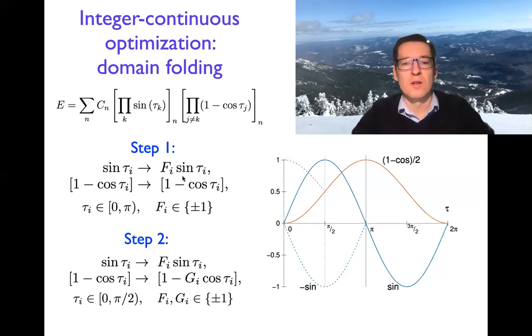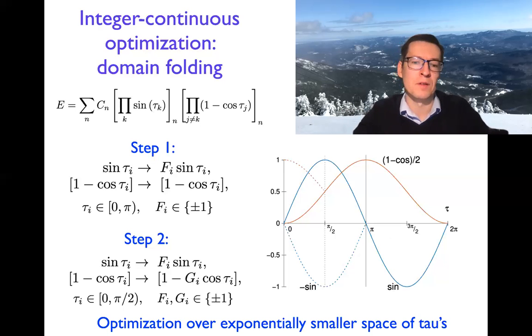It achieves the reduction of the continuous amplitude domain. And the more amplitudes you have, the larger the gain, essentially, because you are gaining exponentially with the number of amplitudes that you use in this technique, right? So the more taus you have, the bigger the advantage.